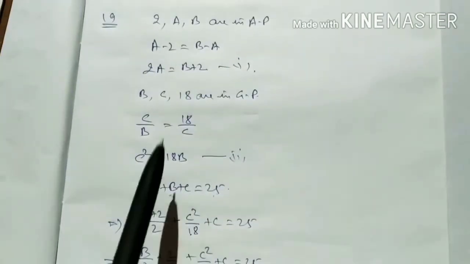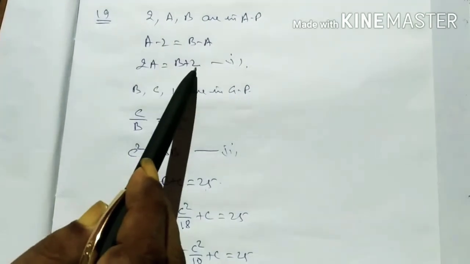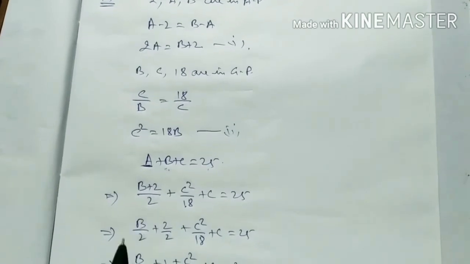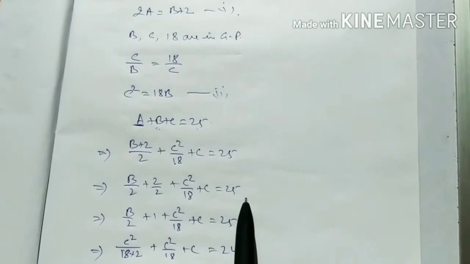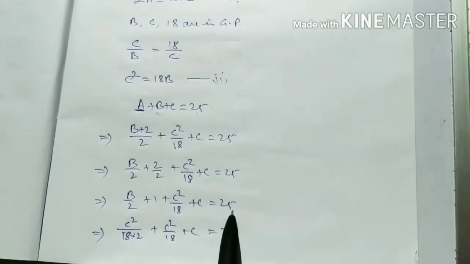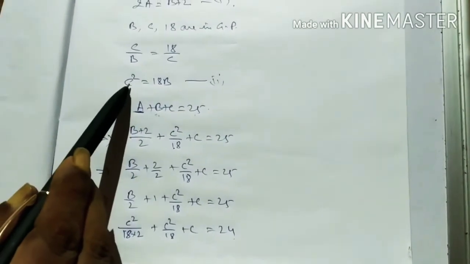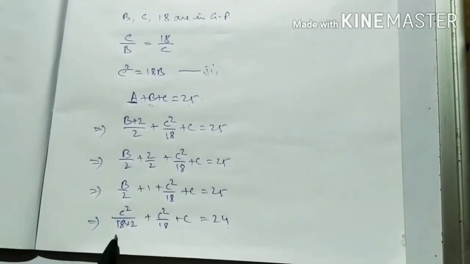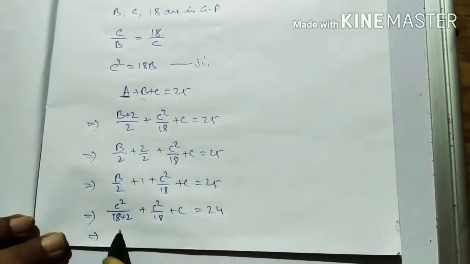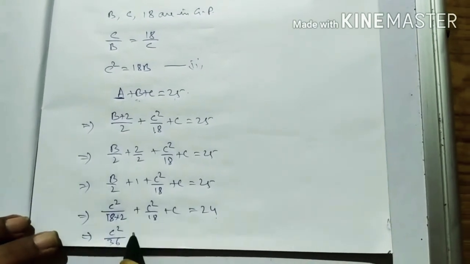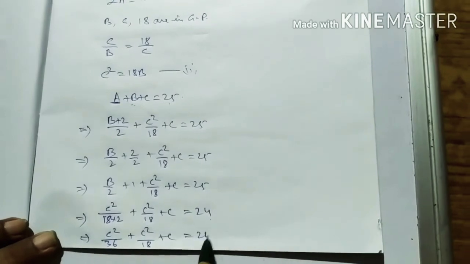And in place of A, that is B plus 2 by 2. Now B by 2 plus 2 by 2 plus C square by 18 plus C is equal to 25. This 1 has been shifted to the other side, so it becomes 24. And the value of B is C square by 18, which I have placed here. So now this will be C square by 36 plus C square by 18 plus C is equal to 24.